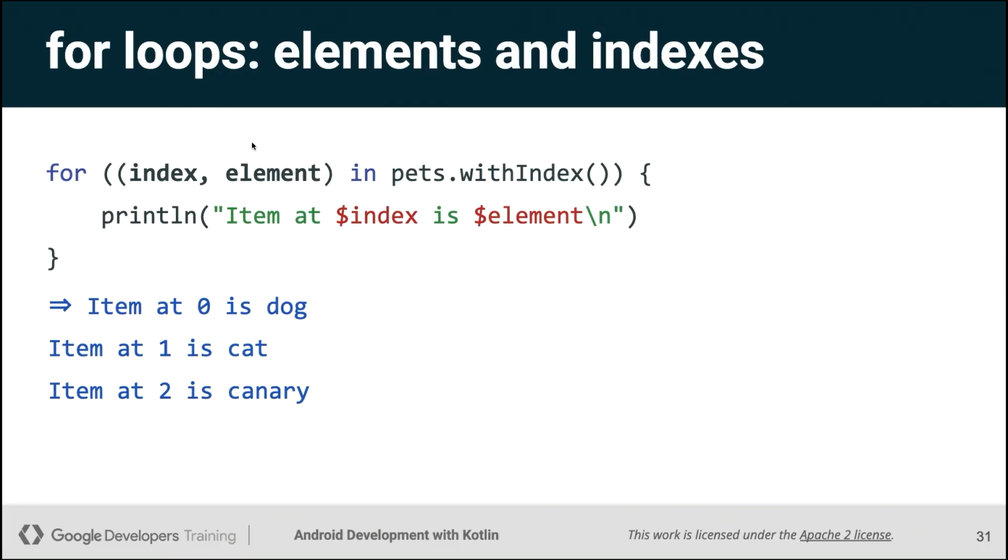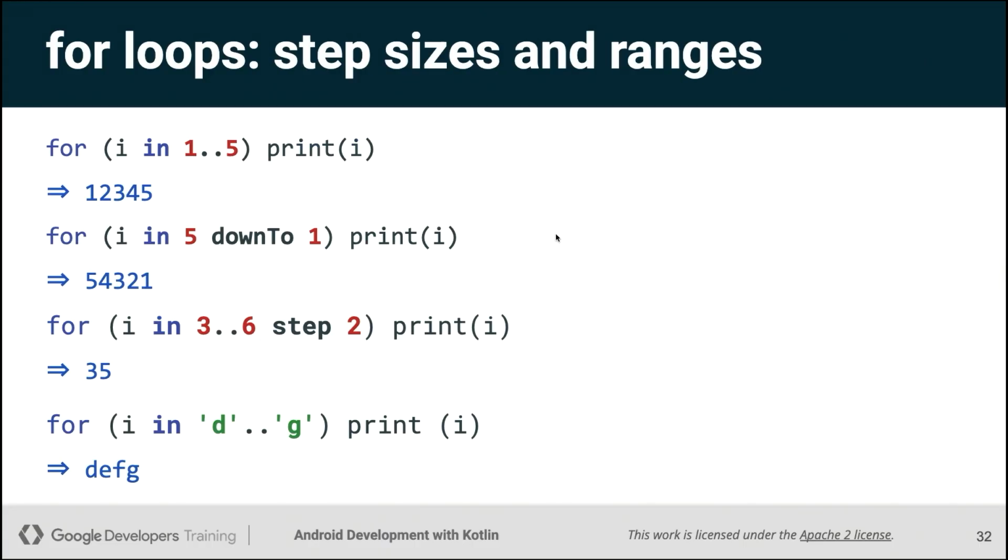If we need to do for each with index, with updated index, we use parentheses, index, and value. That will be for each, and we do it with index. It's for each with index. Also a useful feature: we can do a for loop in a range. We can do it backwards, in the range with a step.